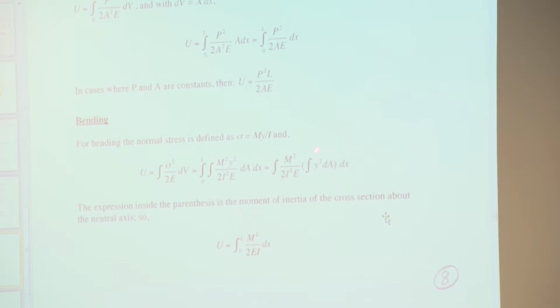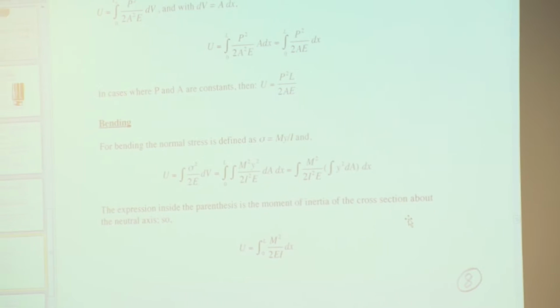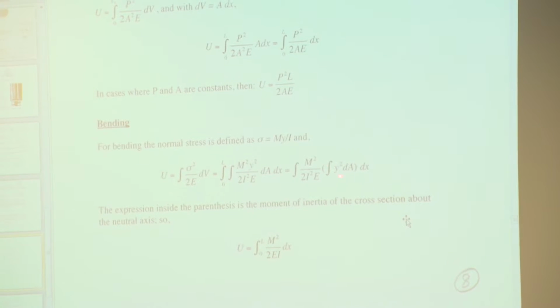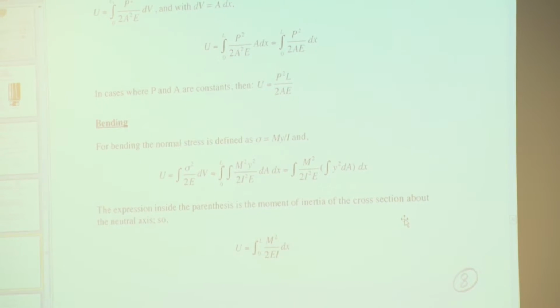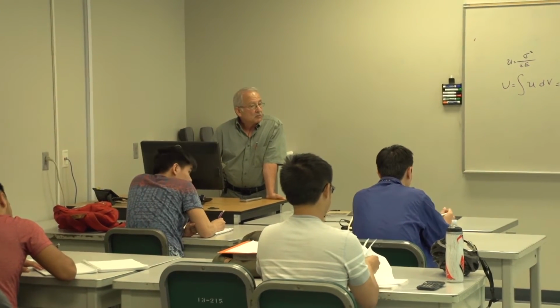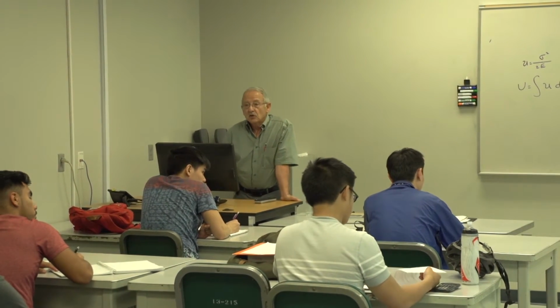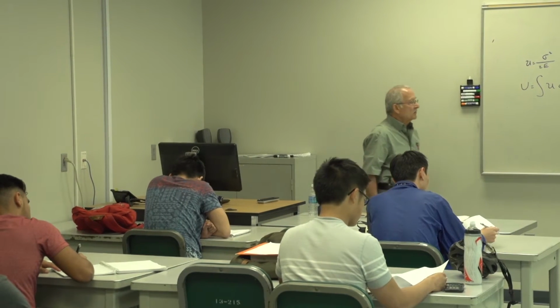So we substitute moment of inertia about the neutral axis, and notice that this I squared is the same thing as I times I. So one of the I's cancels out, and you get this last equation, the integral of M squared over 2EI dx. And notice how similar this is to the equation for axial loading, the integral of F squared over 2AE dx.